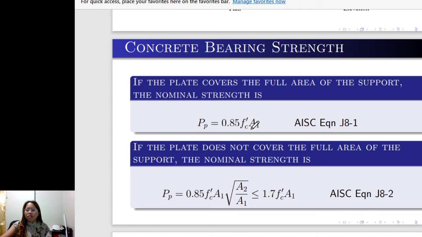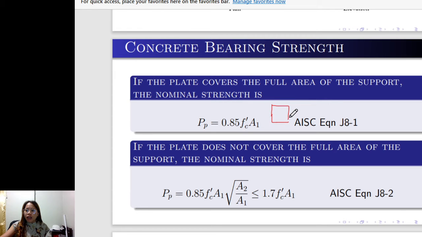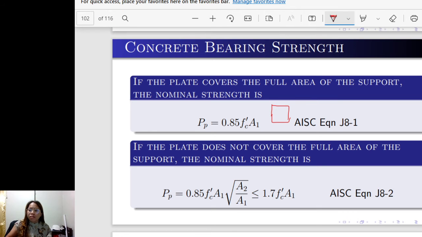0.85 times the concrete strength, FC prime, times the area A1. If your column, for example, the concrete column, has a full area plate, and this is the P of the column, the full area, like this is also the area.